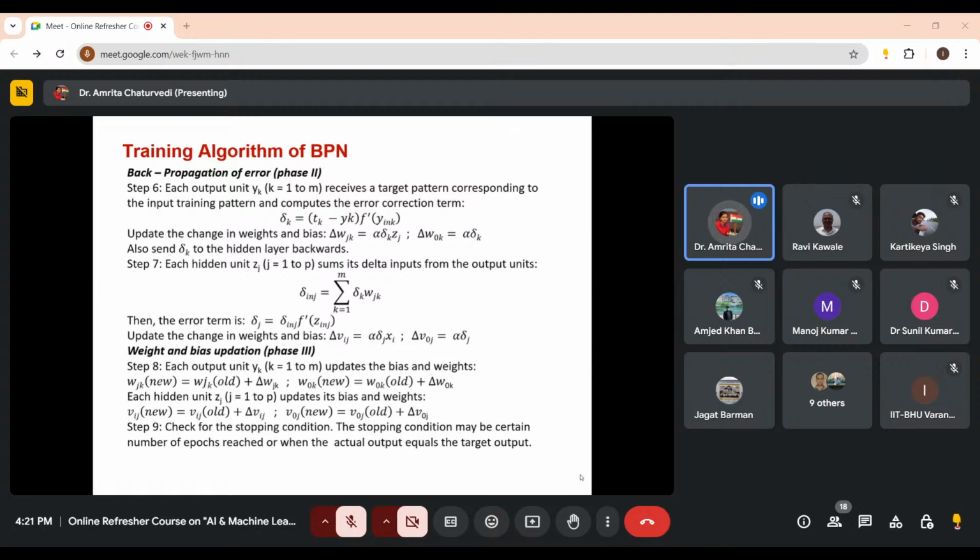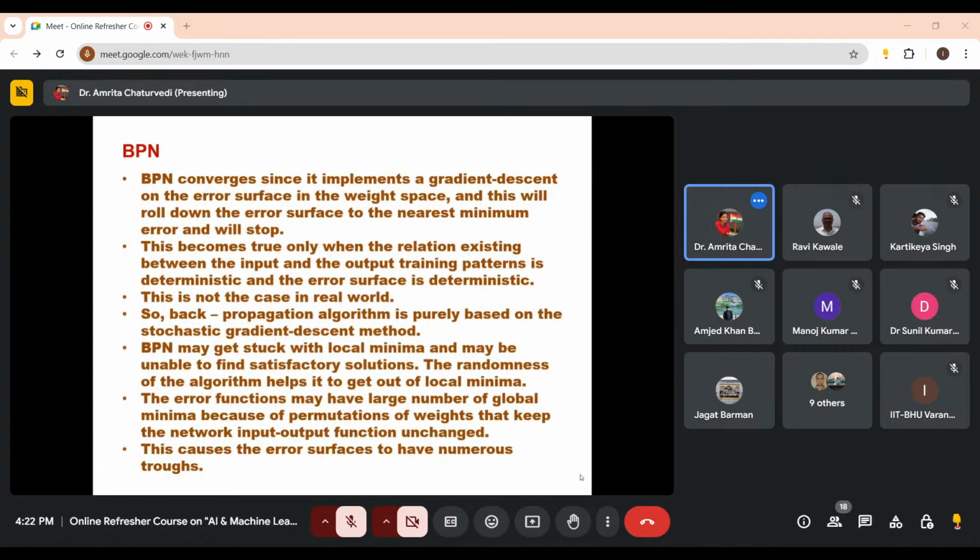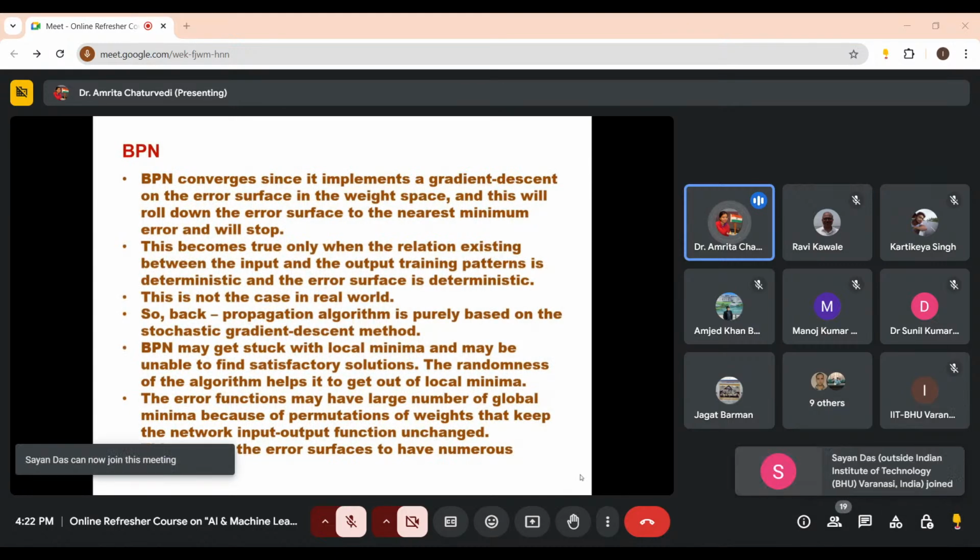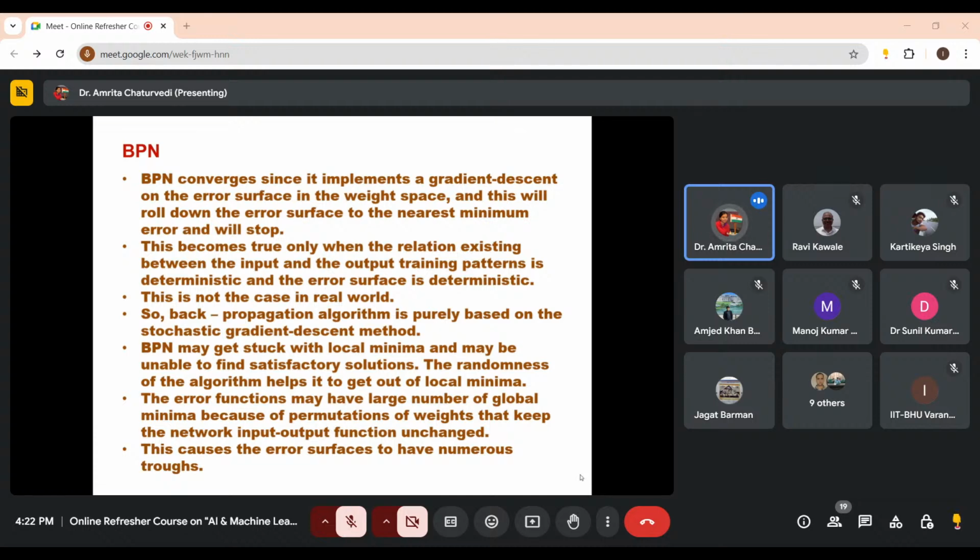Then you check for the stopping condition. The stopping condition may be a certain number of epochs reached or when the actual output equals the target output. This means the error becomes sufficiently small. This backpropagation network converges since it implements a gradient descent on the error surface. You see that at every point we are calculating the first order differential.